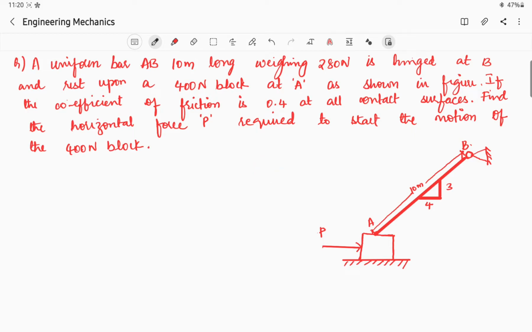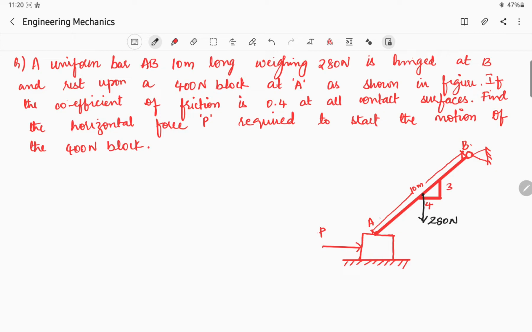Since we have two materials here in this figure, we have one material, this is the slope 3:4 given to us. So this is one material, and the weight of this bar AB will act in downward direction. The weight of the bar is how much given to us? 280 newtons it is given.